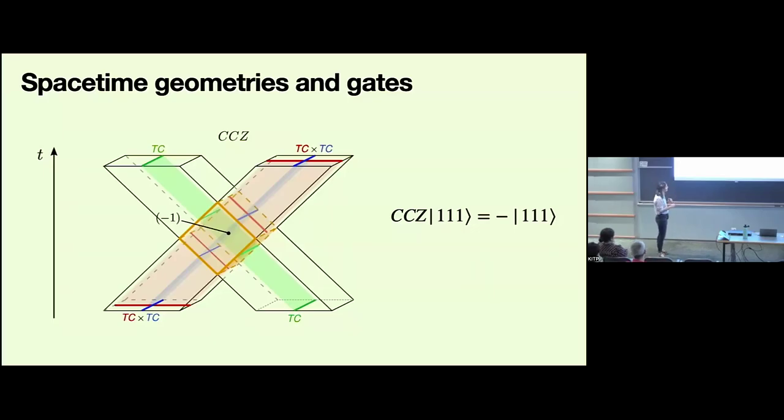Now we have arranged the boundaries of this entire configuration such that if the input state is in the all 1 logical state of the toric codes, then there is a non-trivial, an odd number of triple intersections. And realizing this as a circuit, the topological path integral of this configuration as a circuit will give us this logical action.